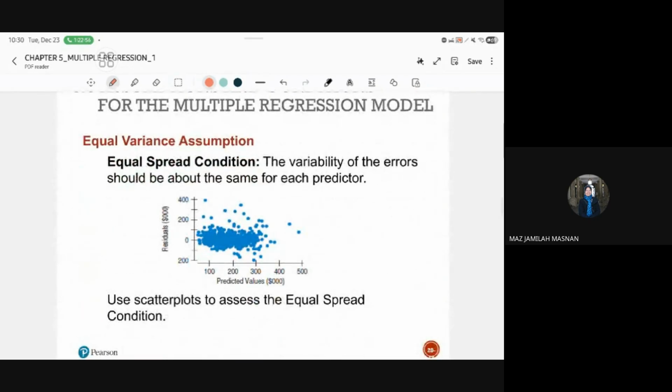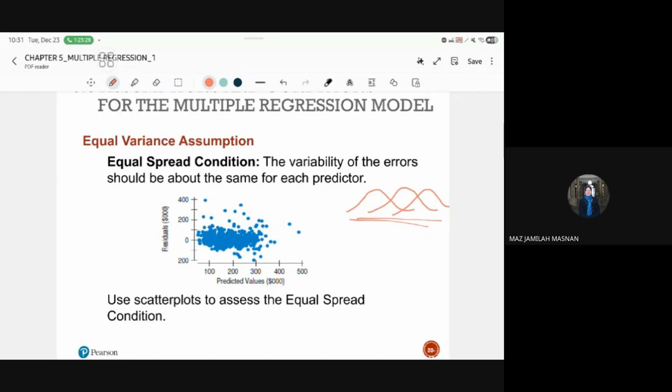And for the equal variance assumption, I think this one is just a repetition of what we had last time. We have to make sure that the variances are equal. When we say variances are equal, the distribution of the variance must be somewhat similar from one another. In the case of multiple regression, the equal variance assumption means that we need to check the equal spread condition.